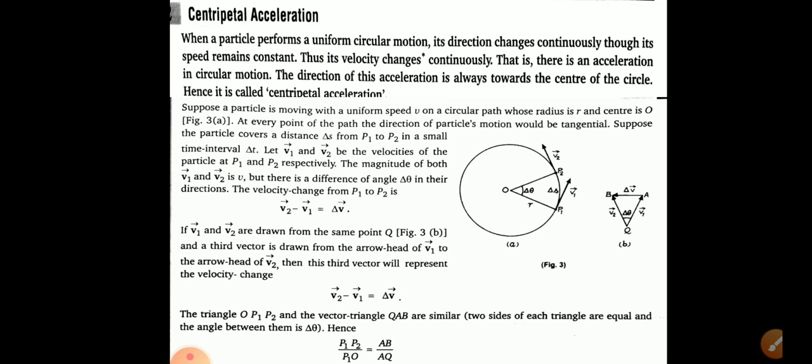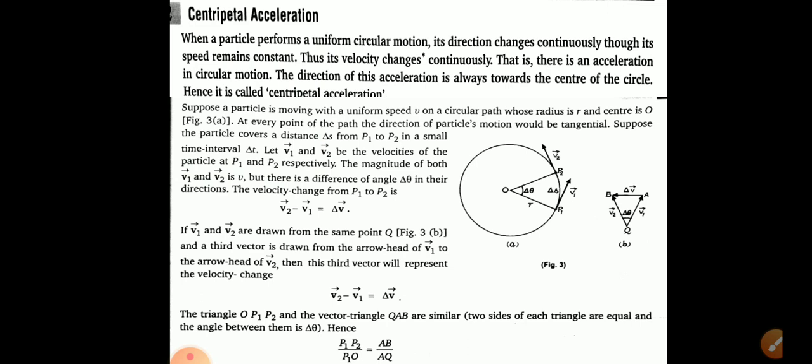In triangles OP1P2 and QAB, two sides are equal, that is OP1 and OP2 in the first triangle and QA and QB in the second triangle. Therefore, the two triangles are isosceles triangles.